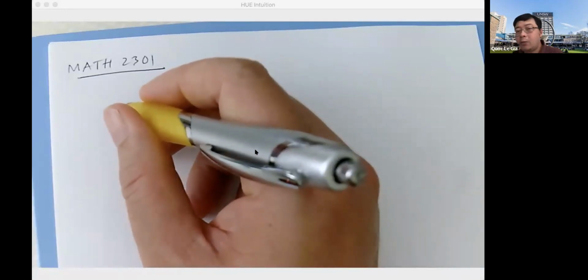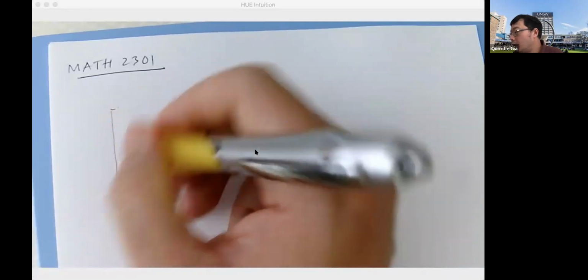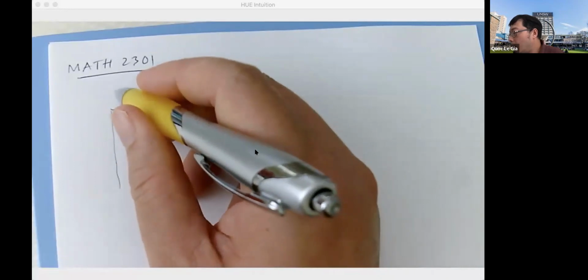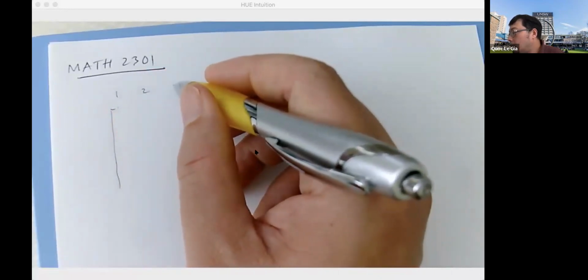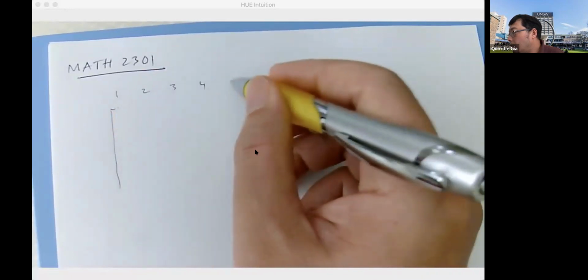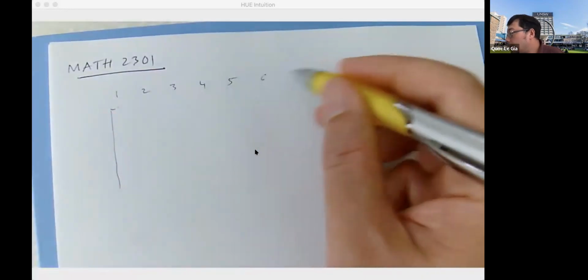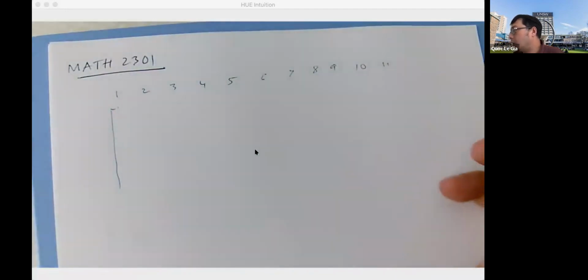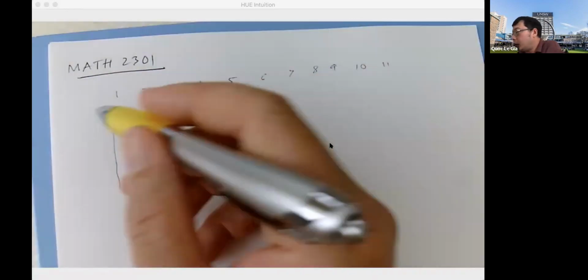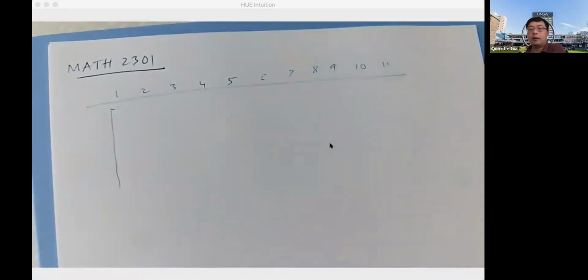So the matrix A will be 11 by 11, right? So maybe this is column 1, 2, 3, 4, 5, 6, 7, 8, 9, 10, 11. Before I write out the matrix, let me write out the system again.